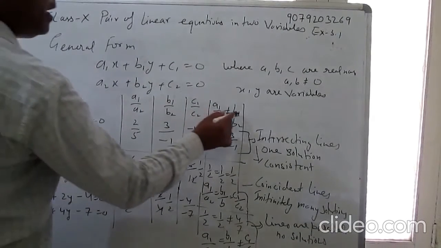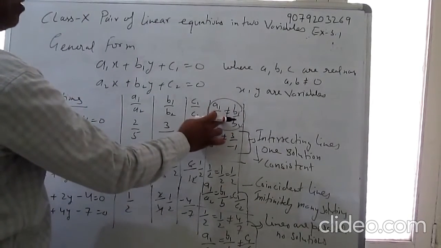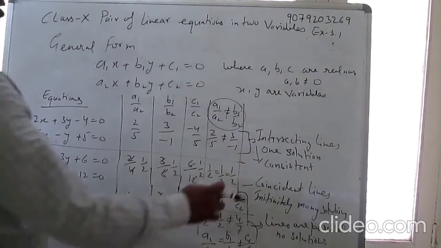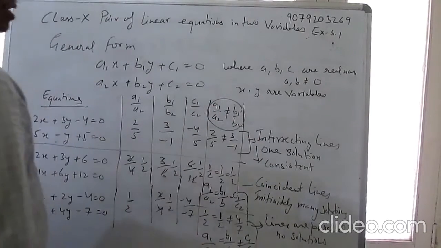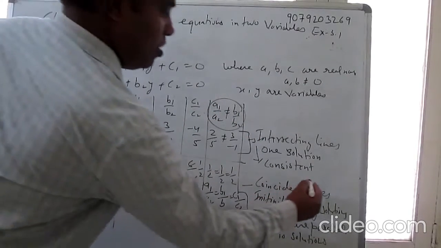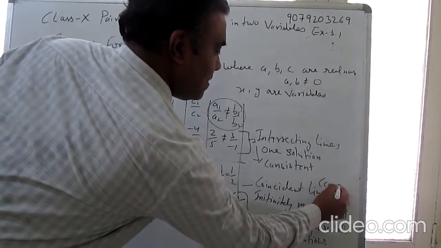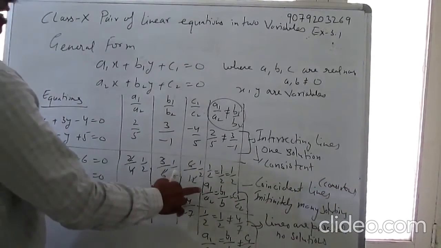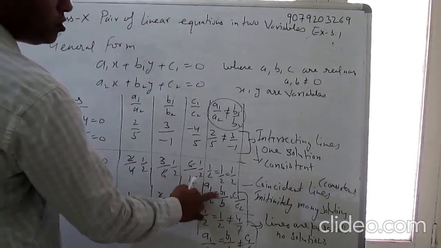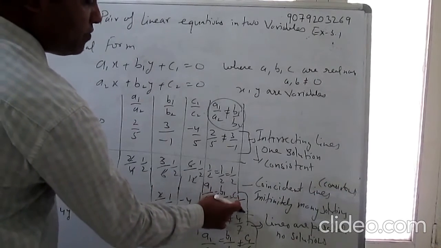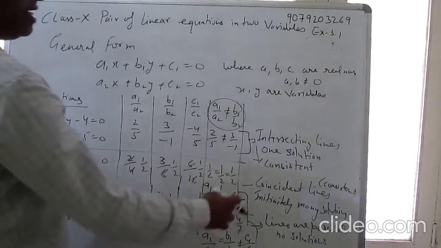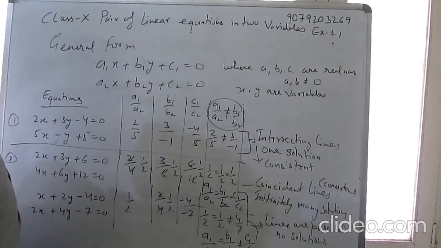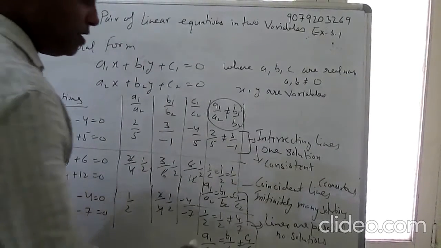If a1 upon a2 is not equal to b1 upon b2, intersecting lines, we call them consistent lines. Coincident lines are also consistent, in the condition a1 upon a2 equals b1 upon b2 equals c1 upon c2: infinitely many solutions, and it is called consistent because it gives a solution.